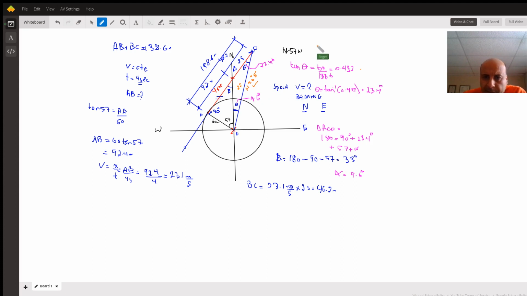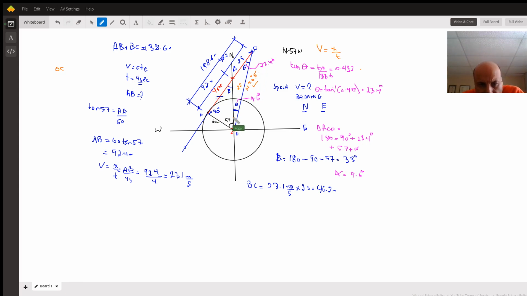To determine the velocity, you need distance over time, right? You know the time, but you don't know the distance. So the distance is going to be the distance OC, right? I'm running out of space. I'm going to write here OC is that distance.